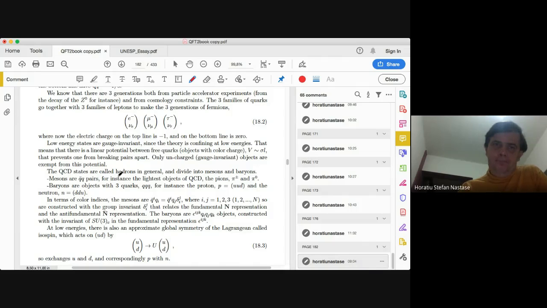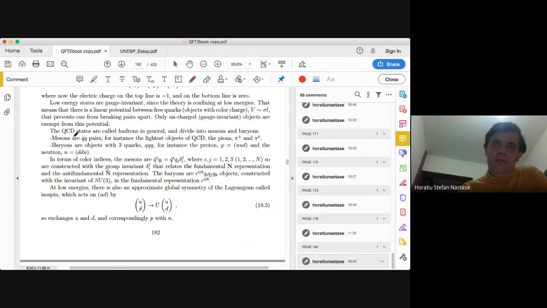QCD states are generally called hadrons and are divided into mesons and baryons. Mesons are pairs of quark-antiquark, of which the lightest objects of QCD are the pions, pi plus, minus, and pi 0.